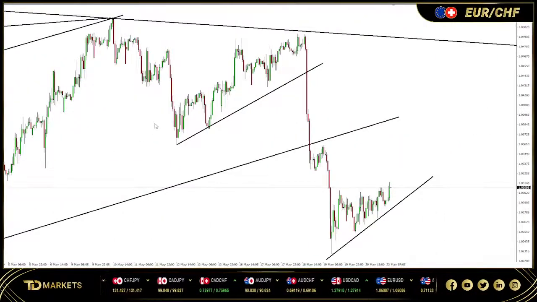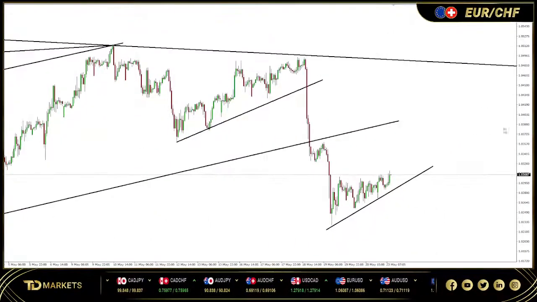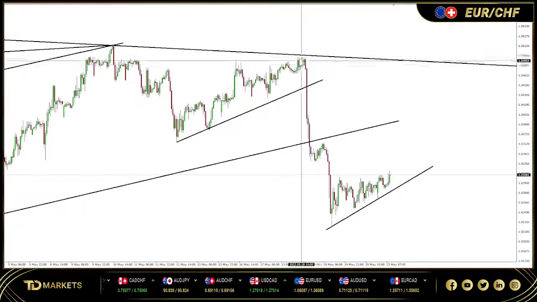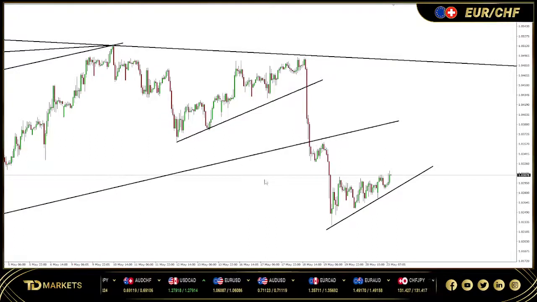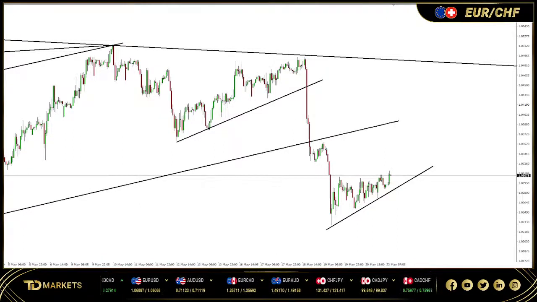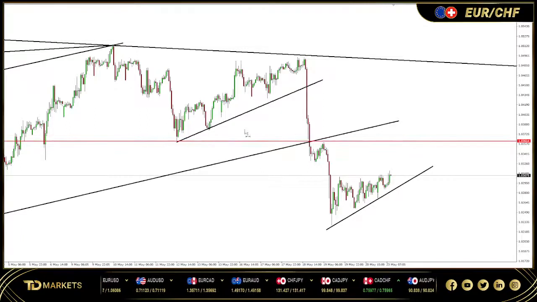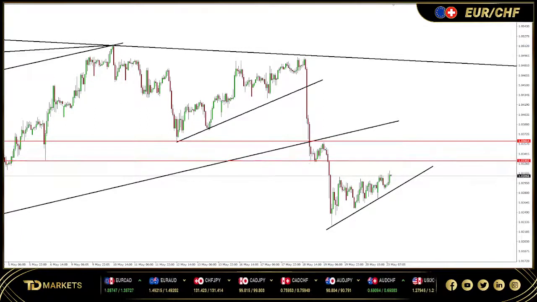The second one here that we have is Euro Swiss. Euro Swiss made an aggressive push to the downside the previous week and broke structure to the downside, also breaking below structure levels. We will be keeping an eye on this correction.